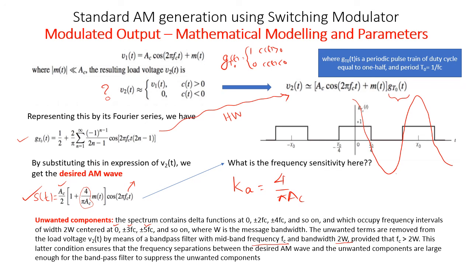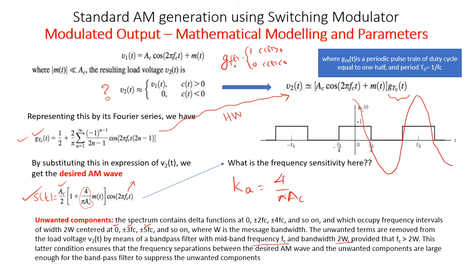So that is the switching modulator. What we have seen is the construction of the switching modulator, its working, and even the waveform, and I have given you the link to try and simulate that switching modulator. Then we tried to mathematically model it. For that we had to use some prerequisites. One is the knowledge of the Fourier series expansion of the pulse train, and the other is that you should be comfortable with the working of the diode.